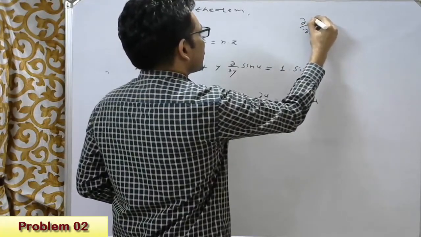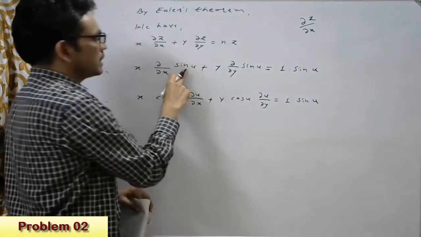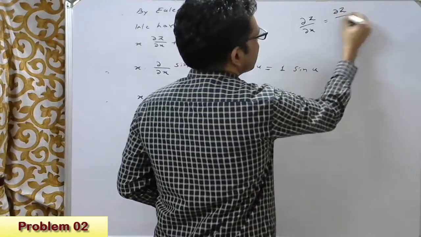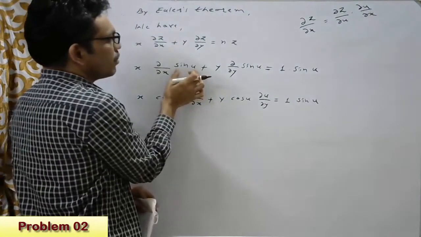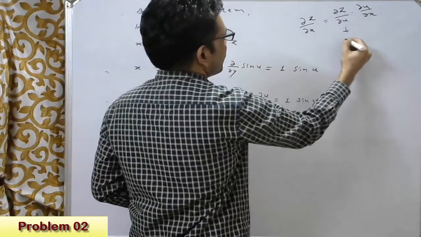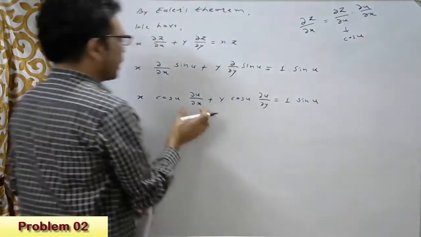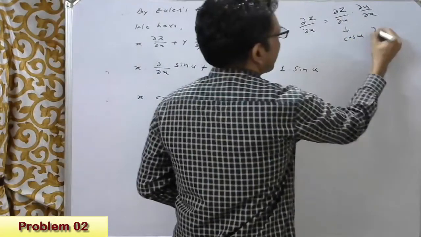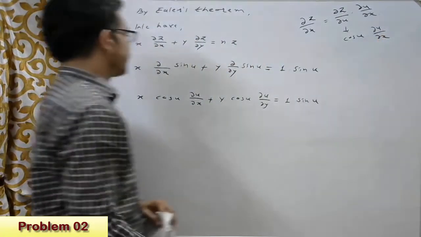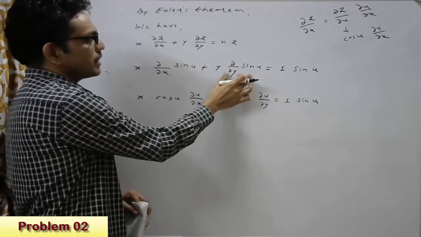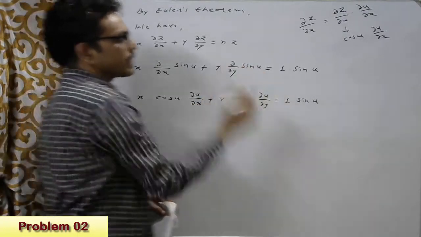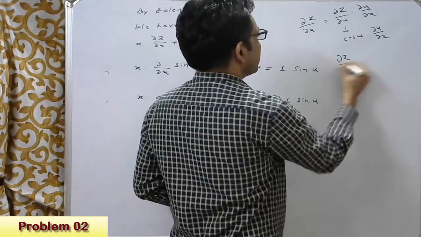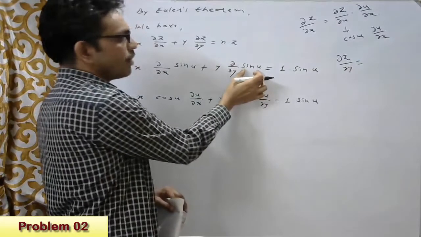z is equal to sine of u, then del z by del x is equal to del z by del u into del u by del x. Therefore, the derivative of sine of u is cos of u, multiplied by del u by del x. Here, for the partial differentiation with respect to y, sine of u is z.